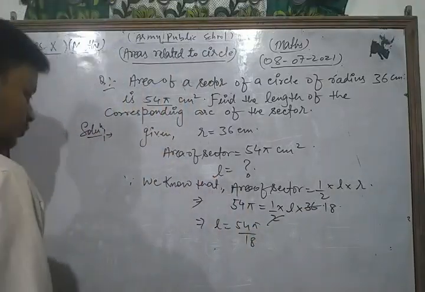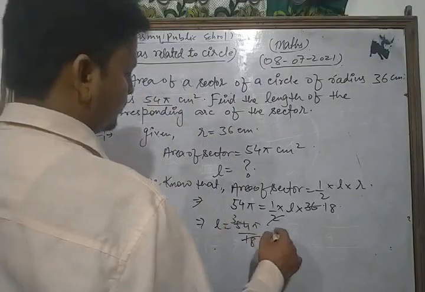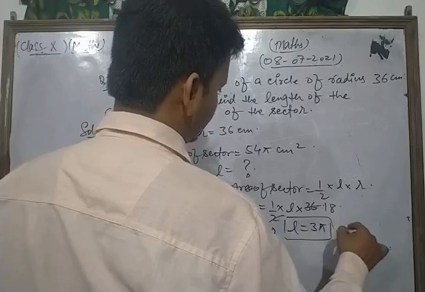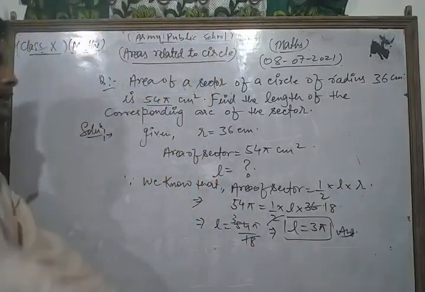Now 18 threes are 54, so the length of the corresponding arc is 3 pi. This is the required solution of the given question.